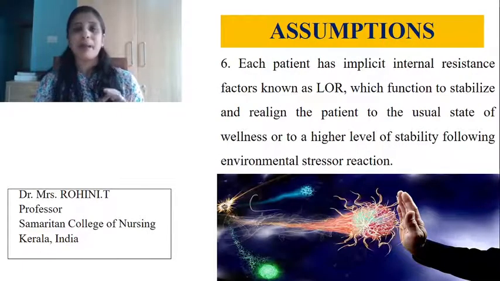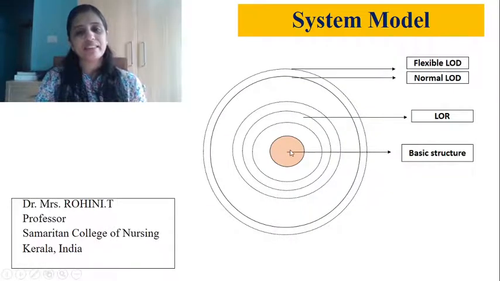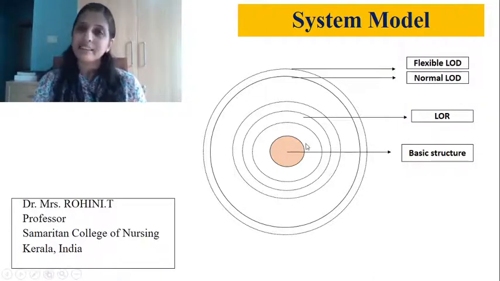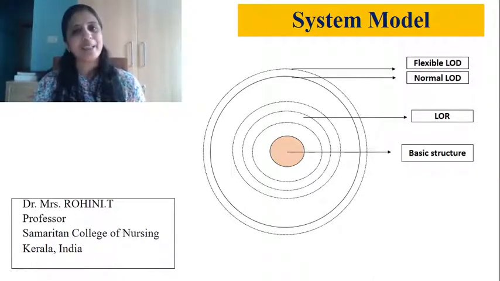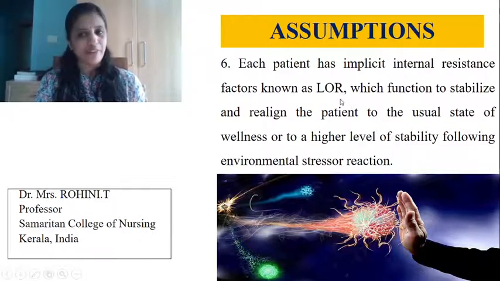Next, assumption number 6. See, so far we have discussed this one. Neuman discussed basic structure, flexible line, normal line, and the invasion. One more line which is pending is the line of resistance. So assumption number 6 is related to line of resistance. Each patient has implicit internal resistance factors known as line of resistance.